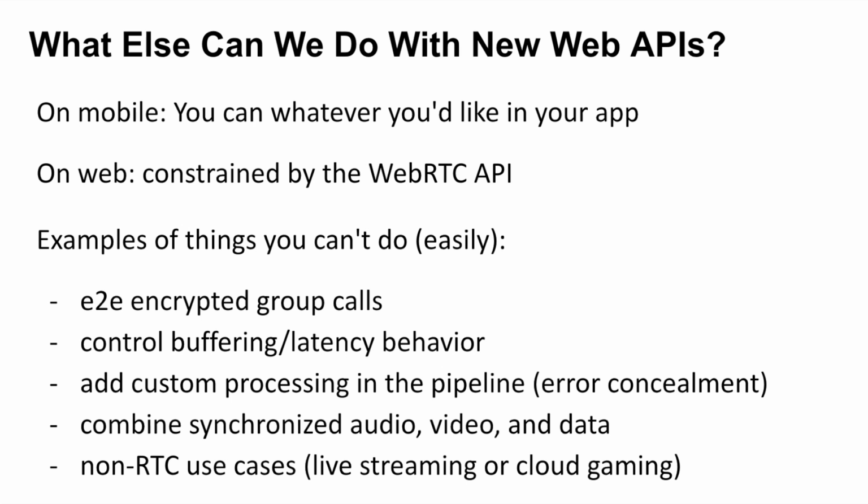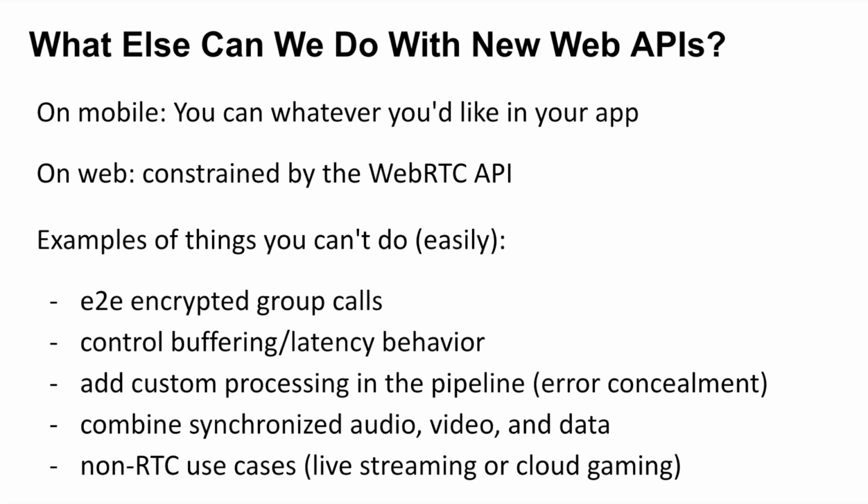Yeah, so one way to think about this is to consider the difference between web and mobile and what you can do with mobile APIs and web APIs. With mobile APIs, you can more or less do whatever you'd like in your app. There are not very many restrictions. But on the web, in the case of real-time communication, you're constrained by the WebRTC API.